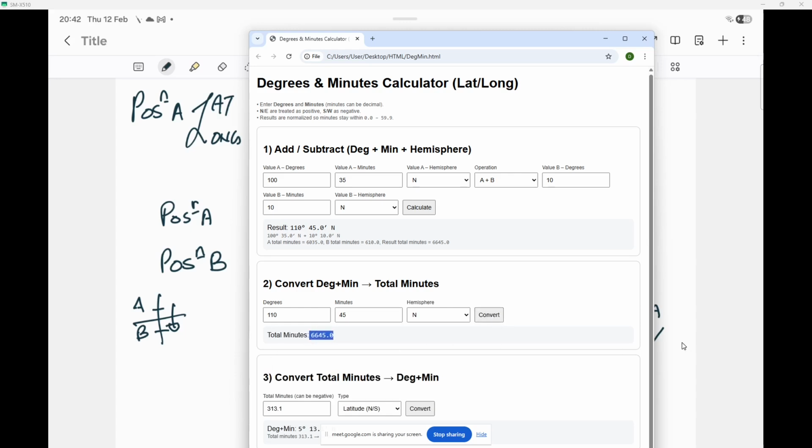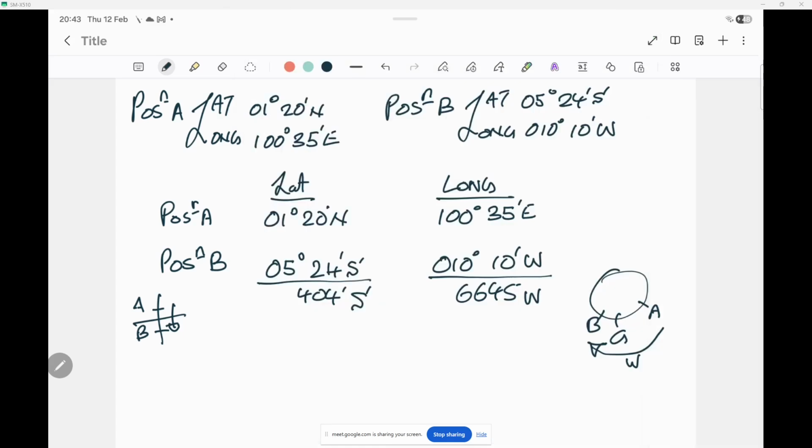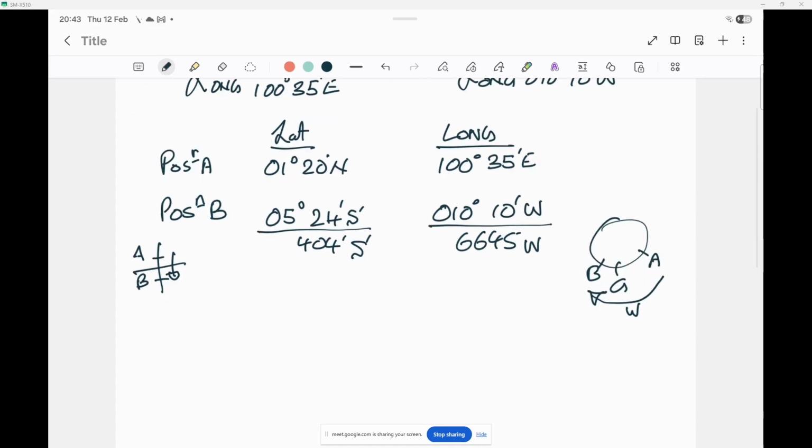Am I right? Okay, 6,645. You can use it in your computers or in your phones. It's a simple HTML calculation sheet, so you don't need to worry about it working on iOS as well.